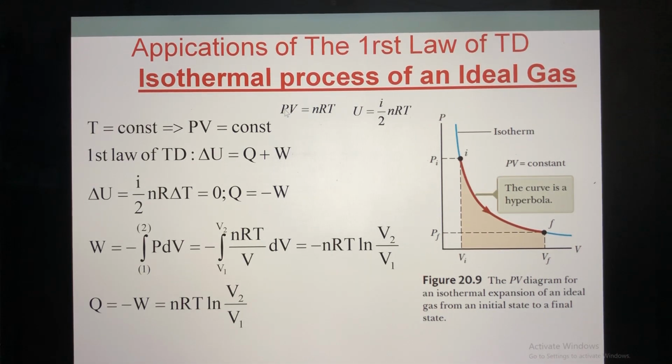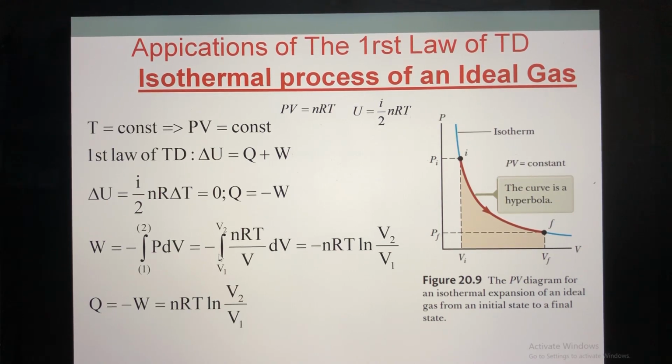So from here, I have P equals nRT over V, where nR is a constant. If T is a constant, so nRT, all of them are constant, so I move it out from the sign of integration. So inside the integration, I just have dV over V.